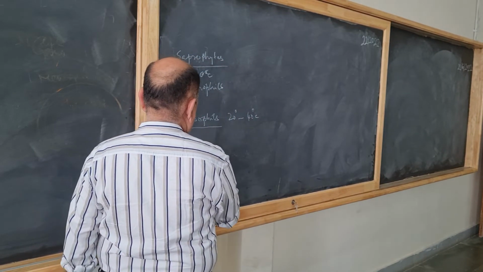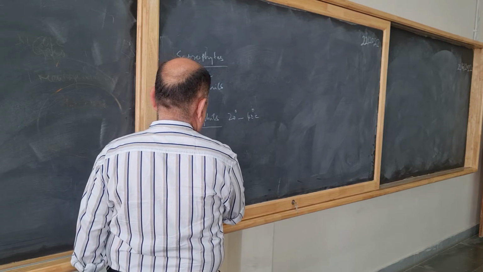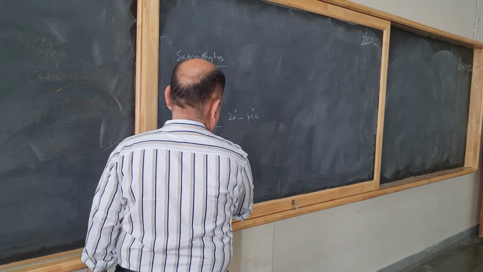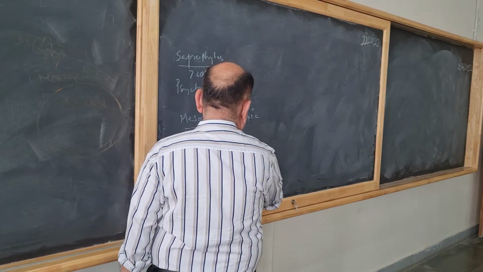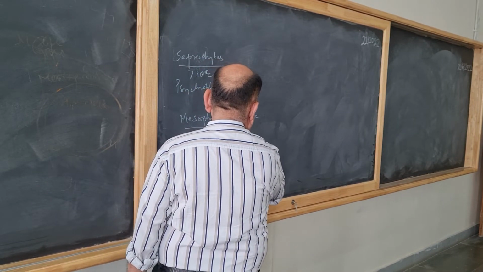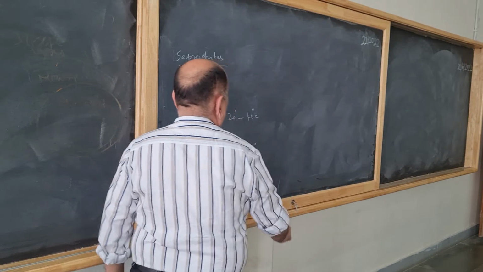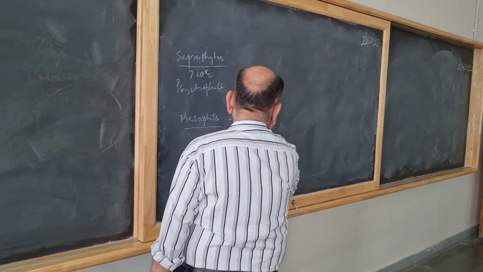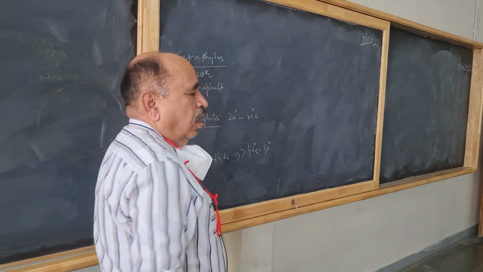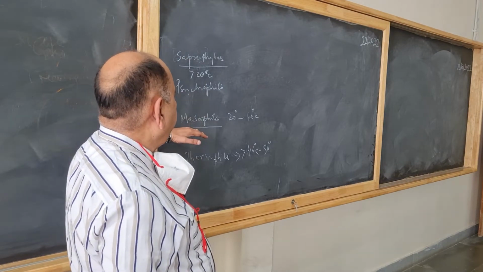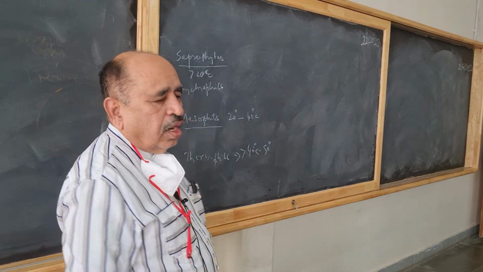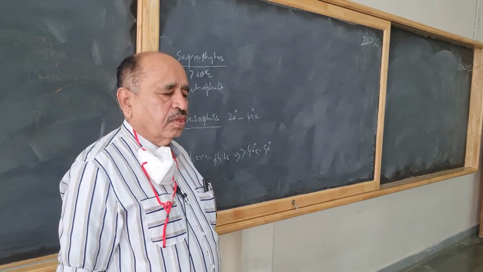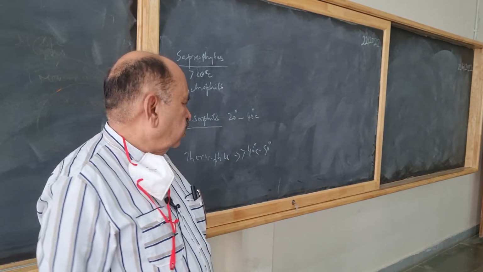Thermophils are organisms which grow between 40 and 90 degrees centigrade. Psychrophils, mesophils and thermophils. Okay. Now the important part comes.